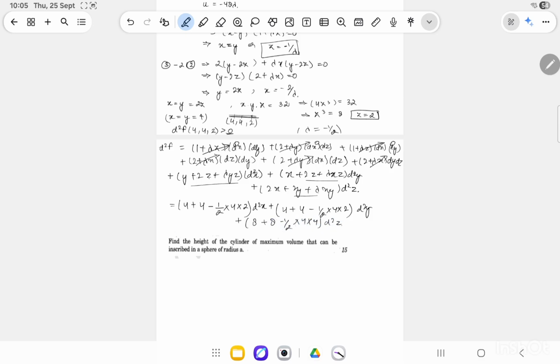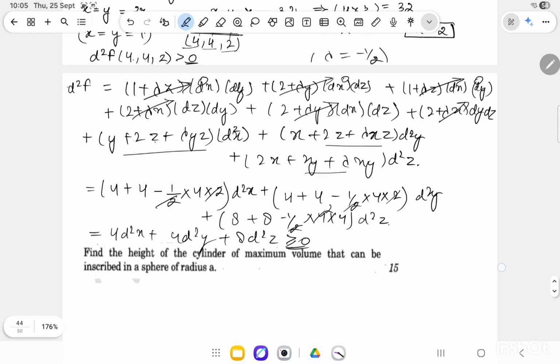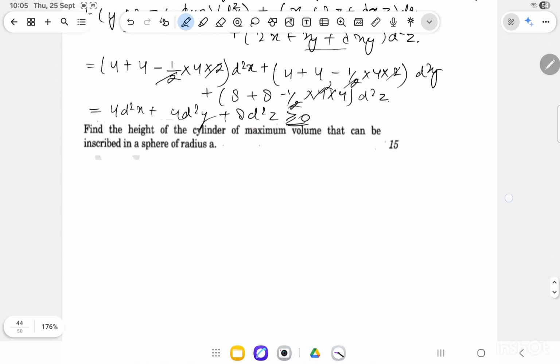So it basically gives us 4 d square x plus 4 d square y and 8 d square z, and you see that it will always be greater than or equal to 0. So that proves that for length 4, breadth 4 and height 2, the surface area will be minimum. And that's all we are supposed to prove in this question.